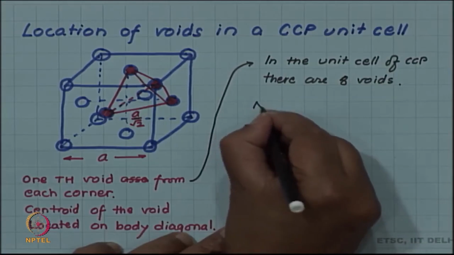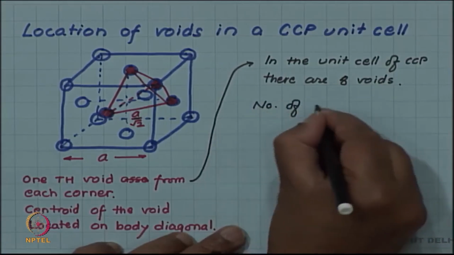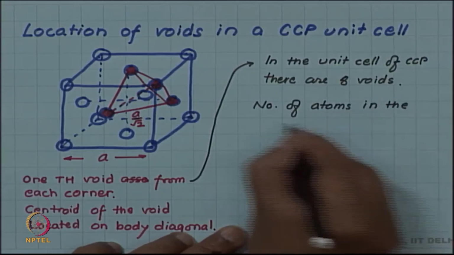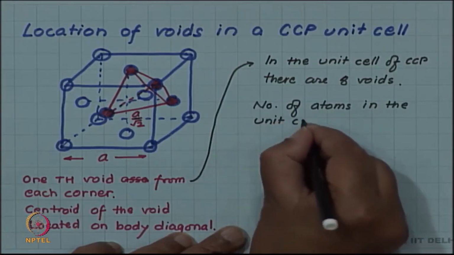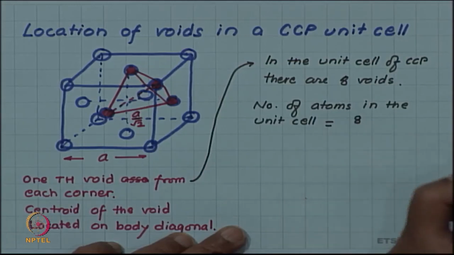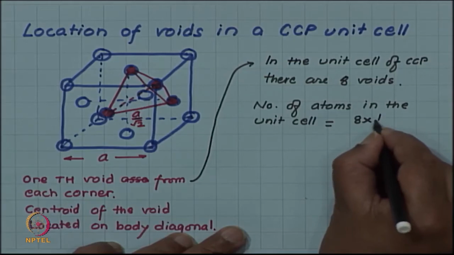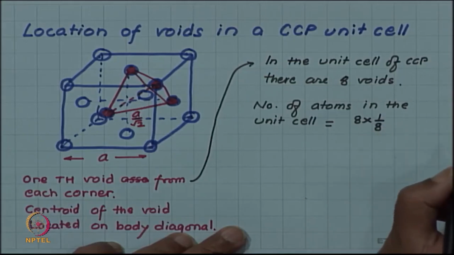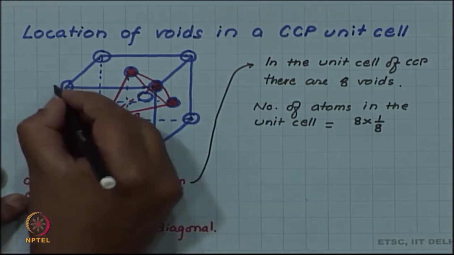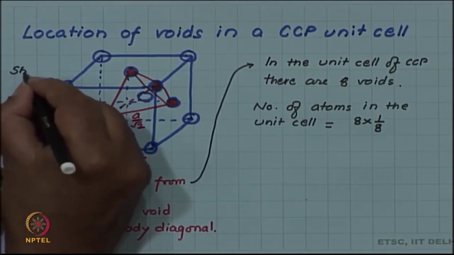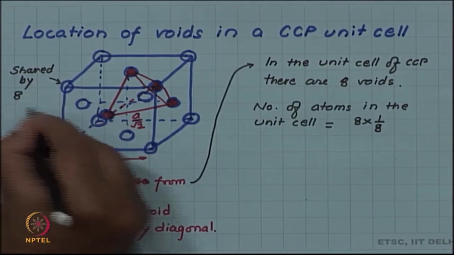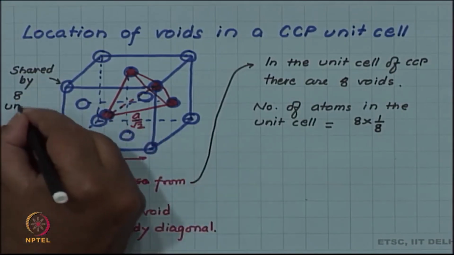But if you look at the number of atoms in the unit cell, there are 8 corner atoms, but effectively only 1/8 of the corner atom belongs to the cell, because each corner atom is shared by 8 unit cells.